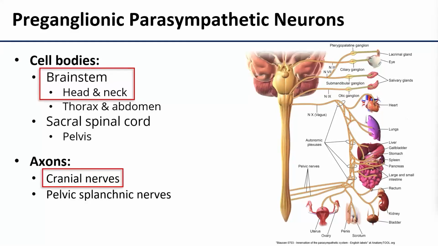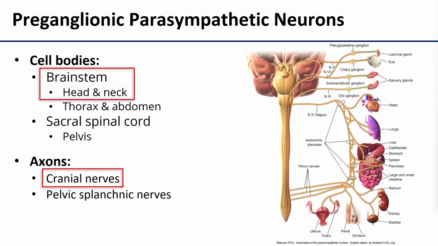We're going to say these are going to be some originating in the cranium, specifically in the brainstem, and others down in the sacral spinal cord. All right. Preganglionic neurons heading for all head and neck structures are going to be starting up in the brainstem, along with some that target thoracic and abdominal organs. The sacral spinal cord is mainly the origin for pelvic innervation.